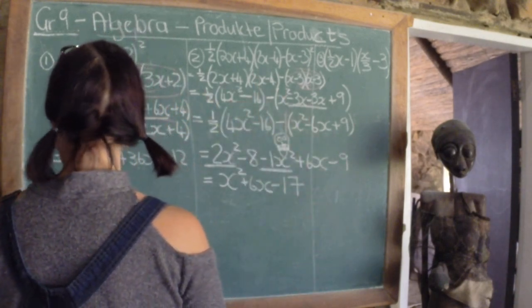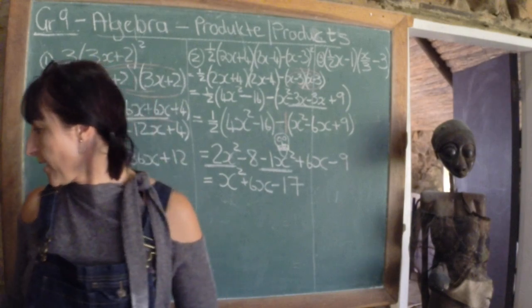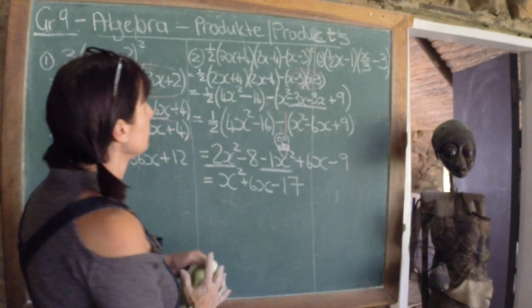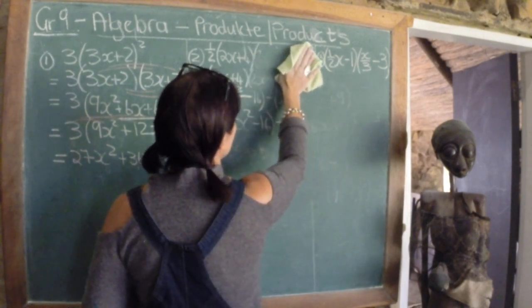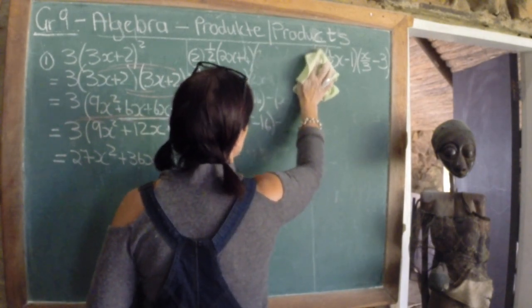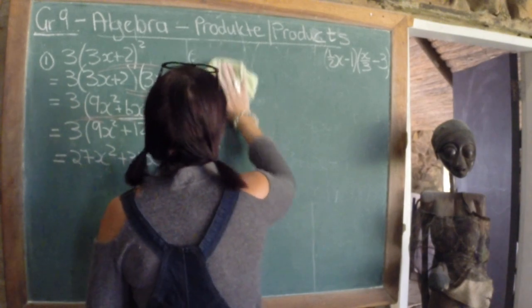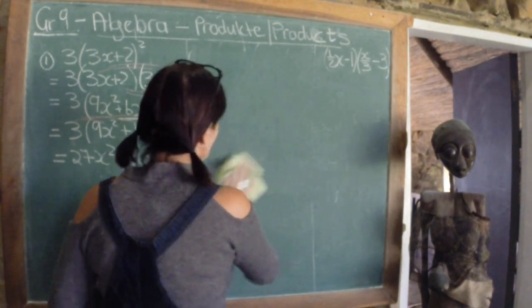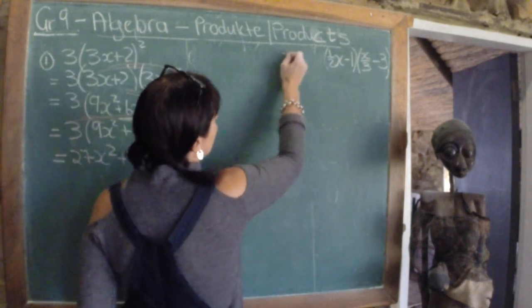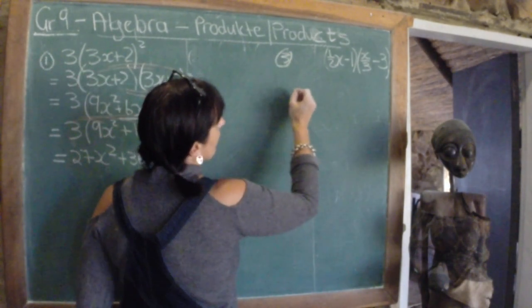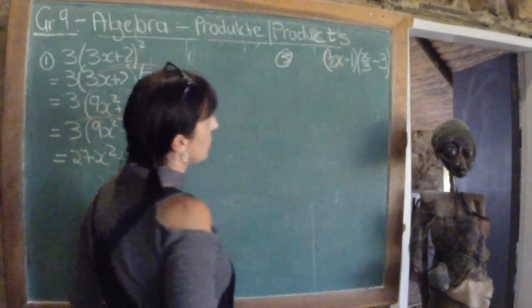Juffrou het 'n bietjie in sy spasie ingewerk. So kom ons vee 'n bietjie uit daar. Well, let's make some space. Let's do number 3. Number 3, we've got a half x minus 1.